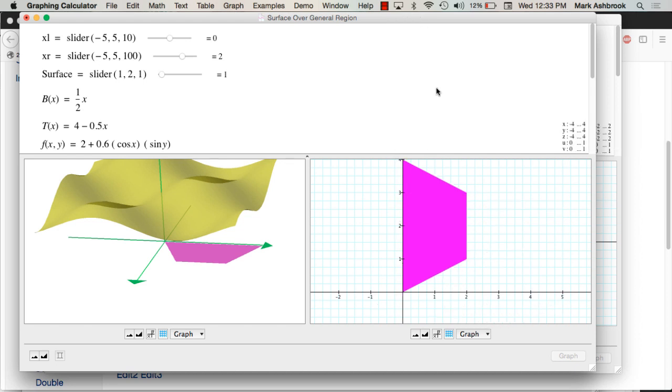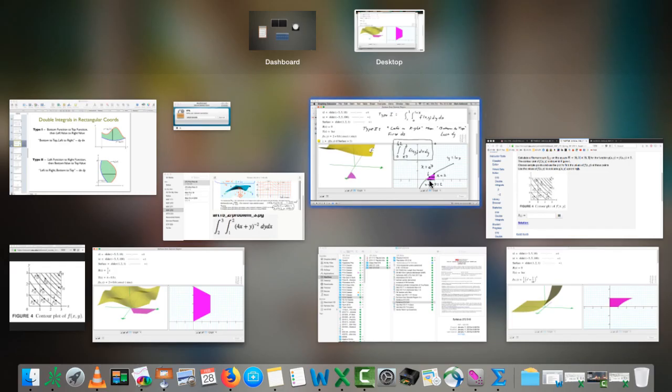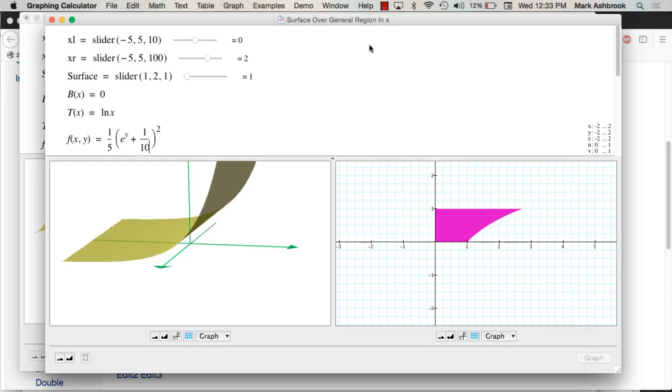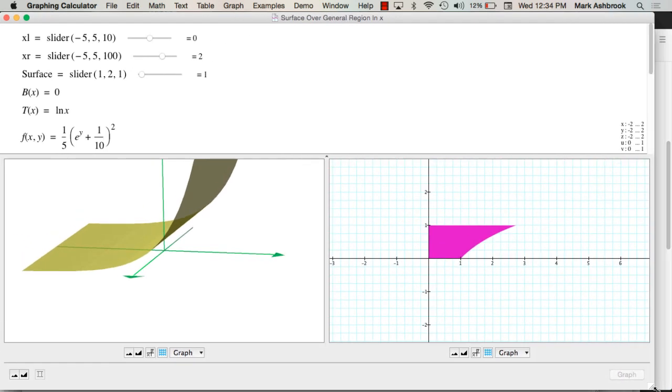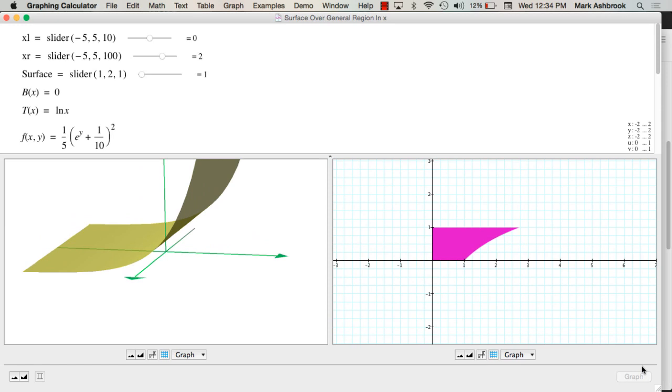Okay, so here's an easier example of that. Let's look at this one. So this is ln of x. Our region is this curve, ln of x. And then this is y equals 1.